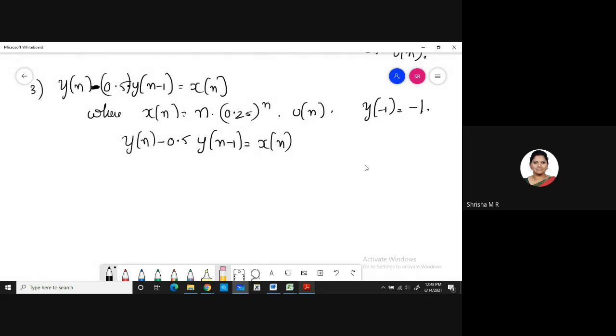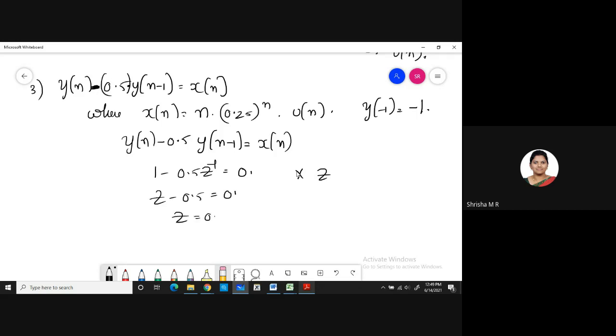So, you take the characteristic equation of the given difference equation. That will be 1 minus 0.5 z inverse is equal to 0. If you multiply this with z, some variable, you will have z minus 0.5 is equal to 0.